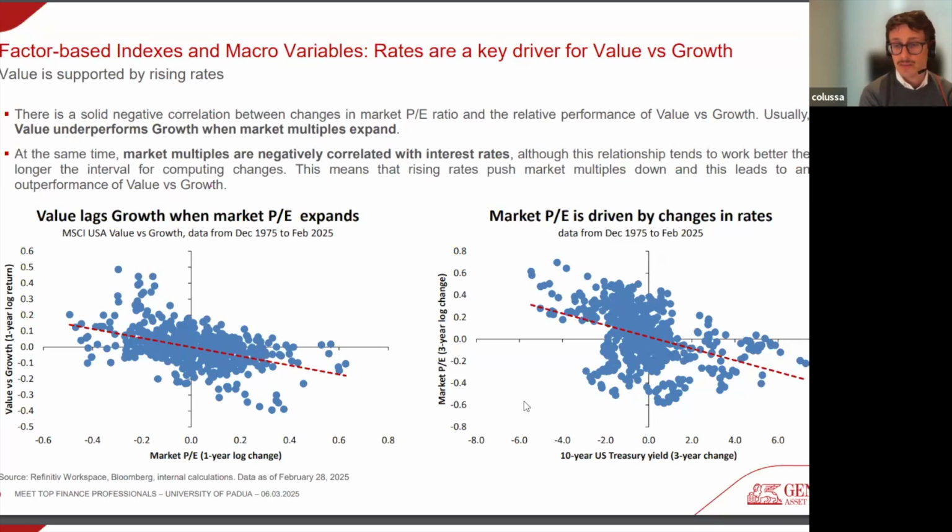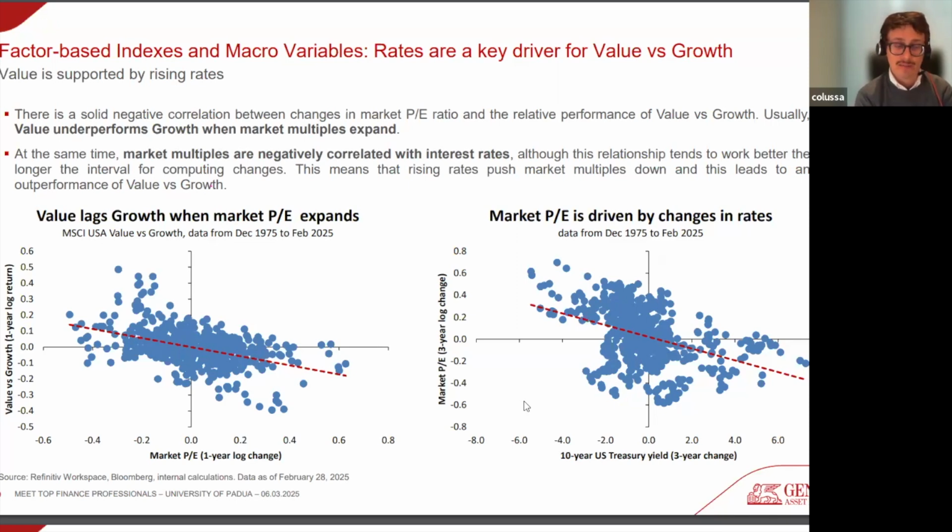What is more interesting to note is that these moves in the market multiples tend to be correlated to moves in interest rates. So when we have an increase in interest rates, multiples tend to contract. On the opposite, if yields move down, we have an expansion of multiples.